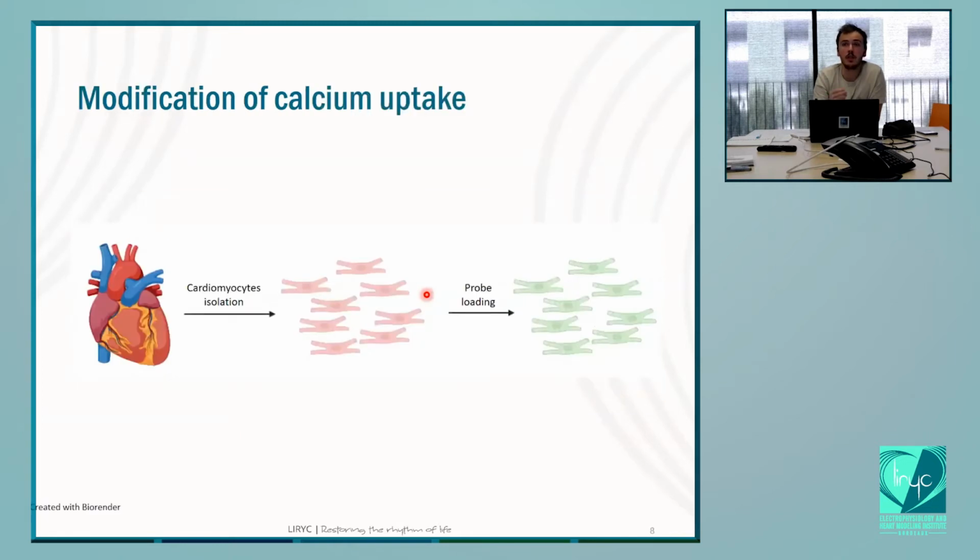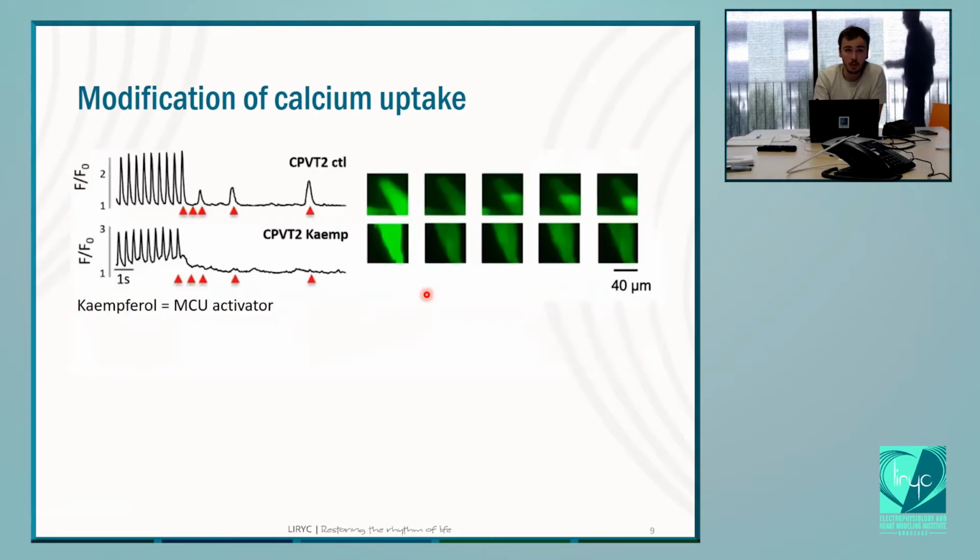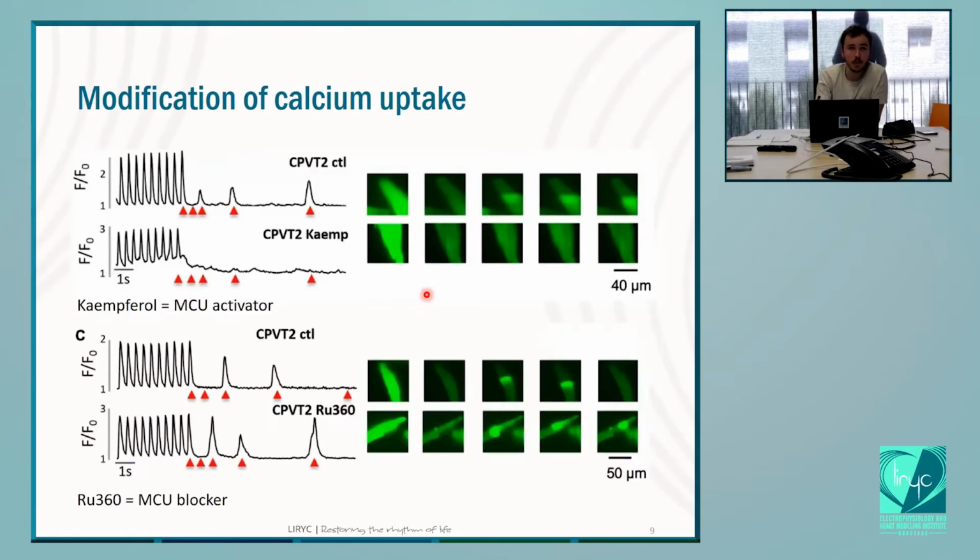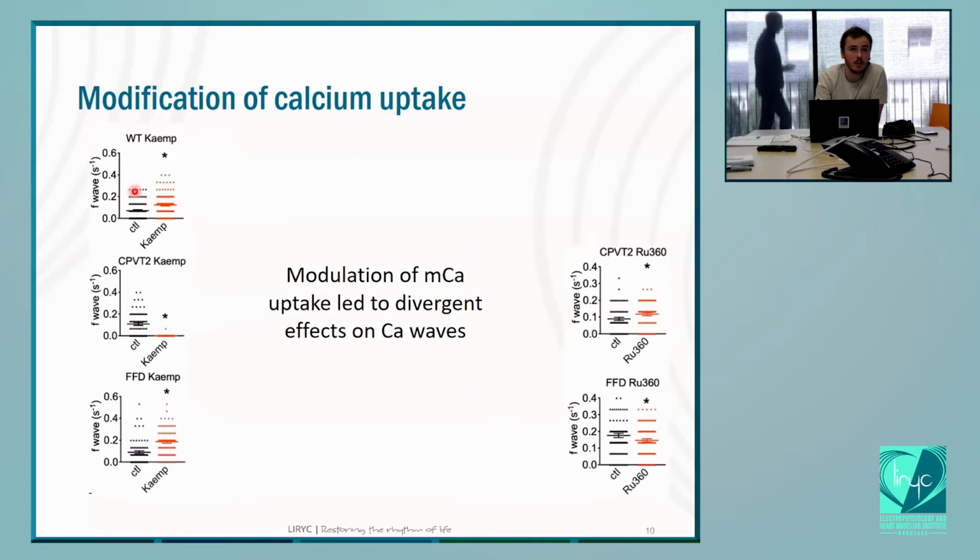They take the mice heart, make a cardiomyocyte isolation, and load those cardiomyocytes with fluorescent sensitive probes. Firstly, they are going to use kaempferol, which, as I said before, is an MCU activator, and ruthenium 360, which is an MCU inhibitor.